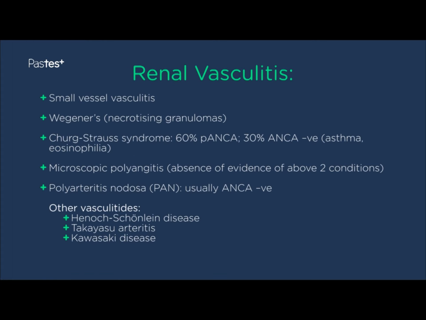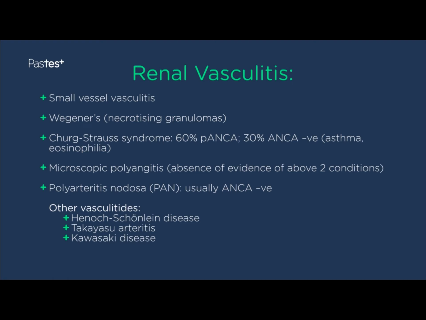Let's consider the classification of renal vasculitides. Small vessel vasculitis is seen in Wegener's, where we see necrotizing granulomas. Churg-Strauss syndrome is associated with asthma and eosinophilia, as we've just discussed. 60% of those patients have P-ANCA, 30% are ANCA negative, actually.